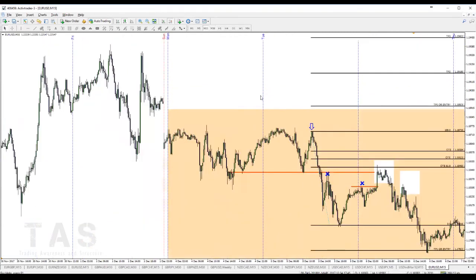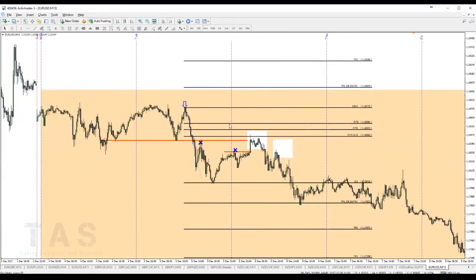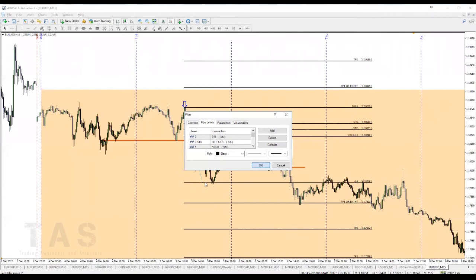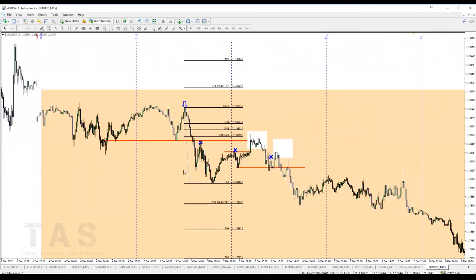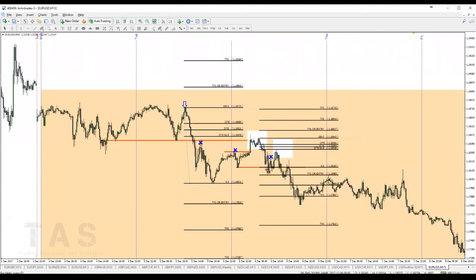Okay. And if you're on the 15 minutes, what happens there? Break in structure, right? What's above that? Stops. And what happens if you pull the fib from here to here?